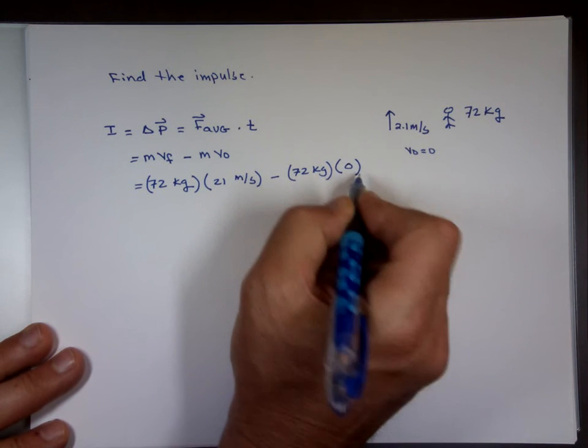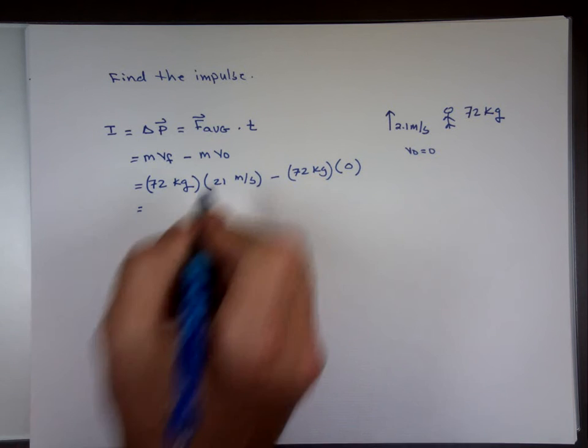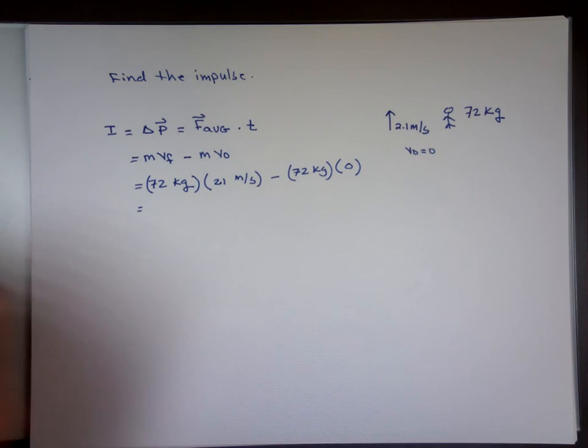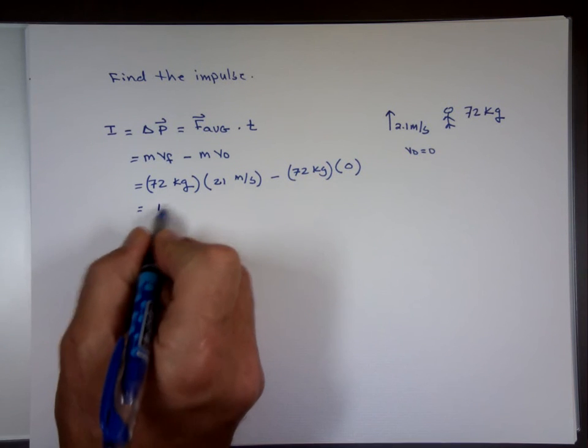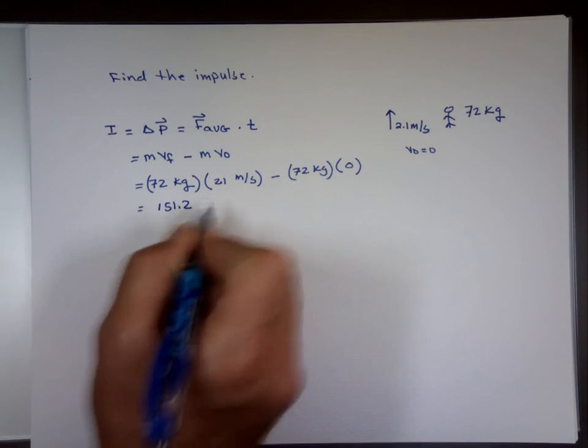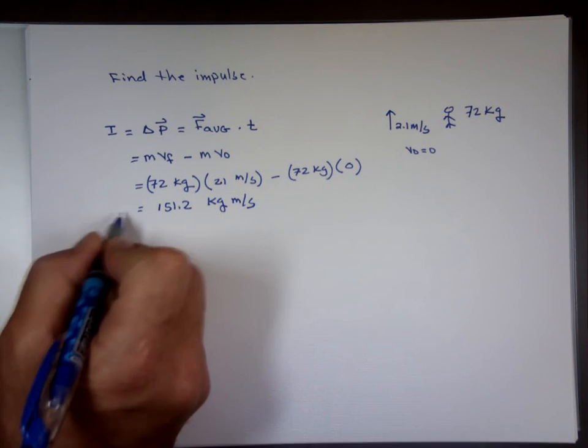So what's 72 times 2.1? Is that 151.2? Kilogram meter per second. It says find the impulse. We did that.